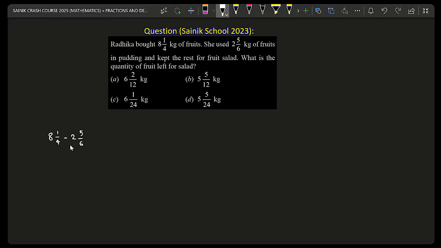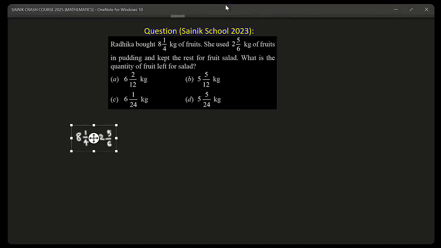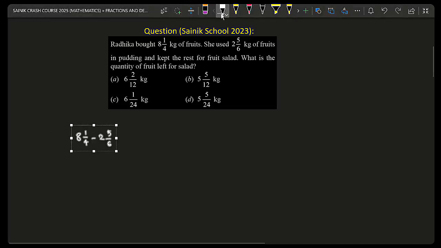Okay, so what do you need to do now? Sir, sorry, the 8 is not visible. Is it visible now? Yes, sir. Okay, tell me. Sir, convert into improper fractions. So the mixed fractions I have to write in improper form, right?